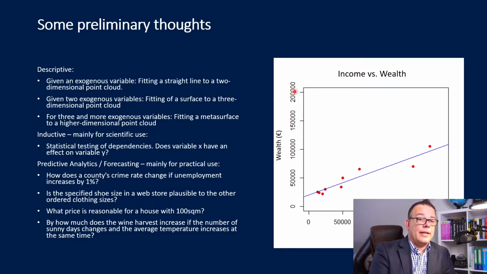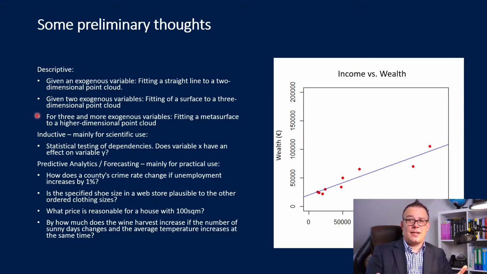Okay, so from a descriptive point of view, of course, given an exogenous variable, we fit a straight line to a two-dimensional point cloud, just like here. So this is a straight line and we have two dimensions like income and wealth. If we have two exogenous variables, of course we fit a surface to a three-dimensional point cloud, or for three or more exogenous variables, we fit a meta-surface to a high-dimensional point cloud.